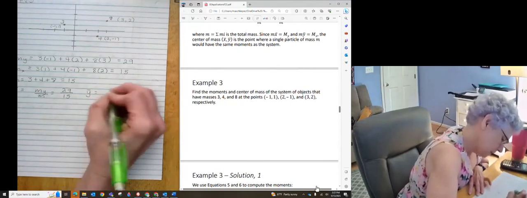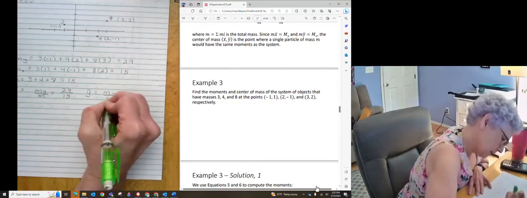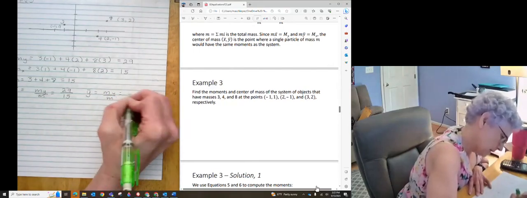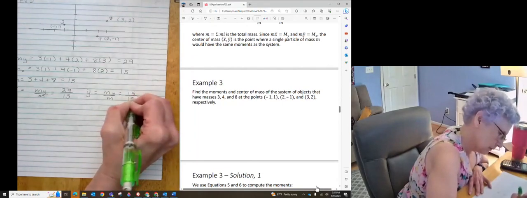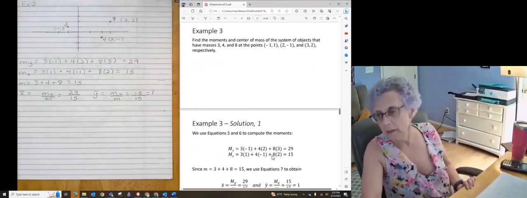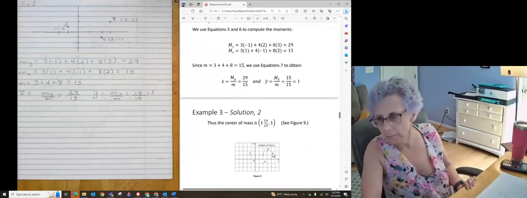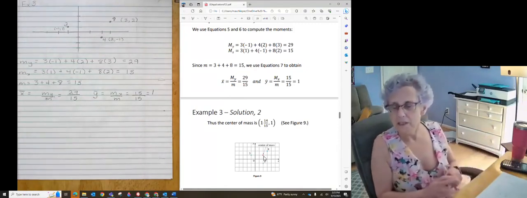And y bar is m sub x over the total mass, which is 15 over 15, which is 1.